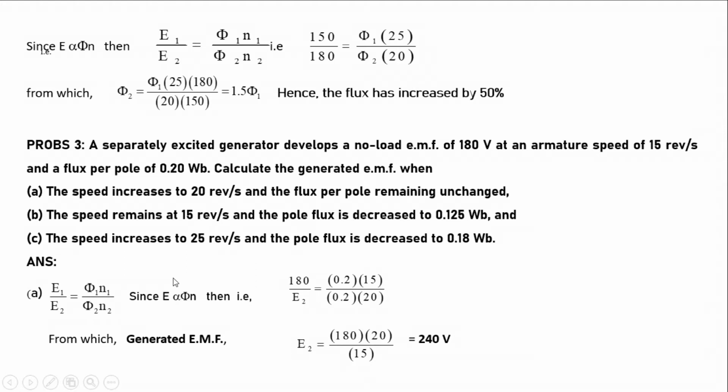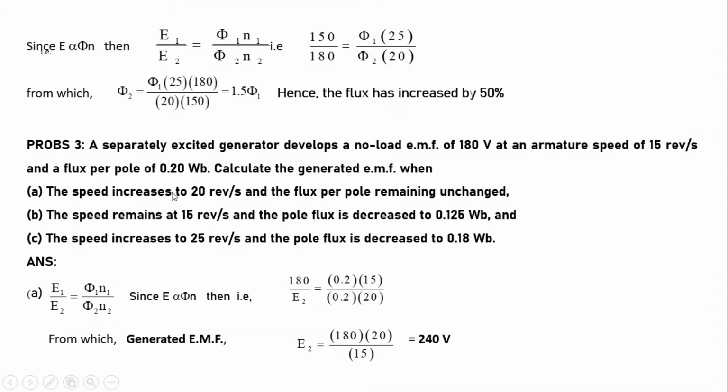The third problem: a separately excited generator, a DC generator, develops a no-load EMF of 180 volts at an armature speed of 15 revolutions per second and flux per pole is 0.2 Wb. Calculate the generated EMF when speed increases to 20 revolutions per second and the flux per pole remains unchanged.